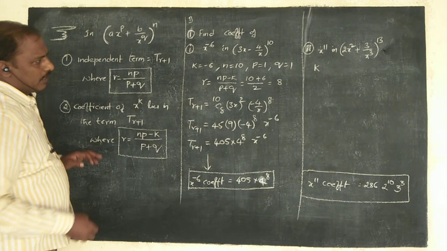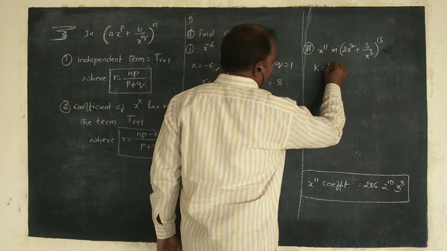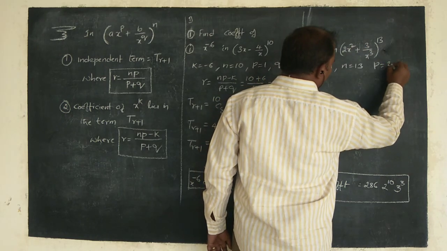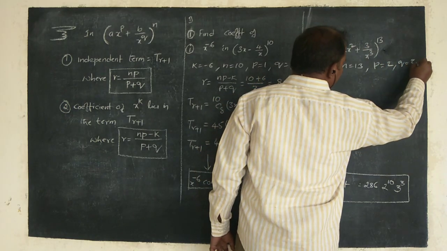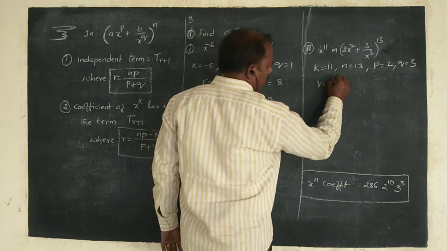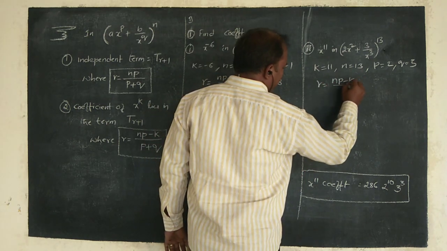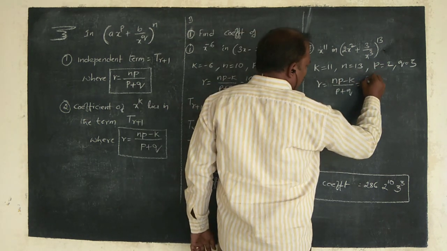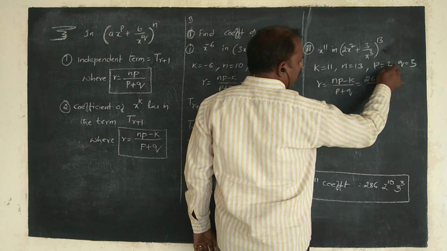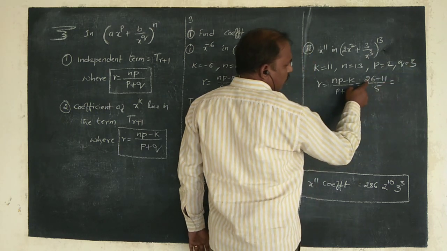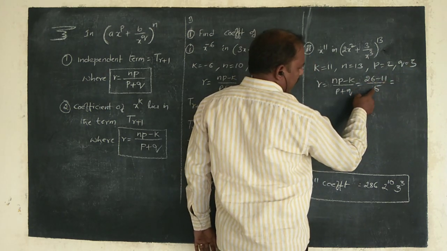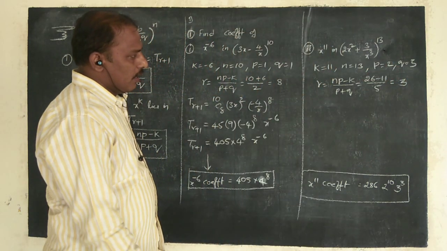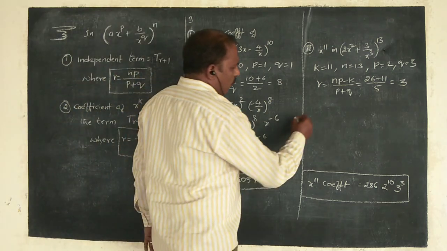When you compare, k is equal to 11, n is equal to 13, p is equal to 2, q is equal to 3. r is equal to np minus k by p plus q. np is 26, 26 minus 11 by p plus q is 5. 26 minus 11 is 15, 15 by 5 is 3. Isn't it? Right.